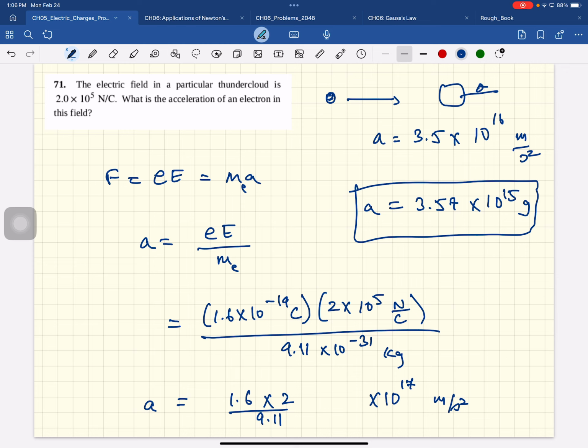Only when you're going fast enough to knock off electrons and make the air conducting, that's when lightning can happen. So even though this is a large acceleration, that acceleration is not large enough. When this field gets to be 3 million volts per meter, so 10 times greater, when the acceleration is 10 times greater, then it can start knocking off electrons.